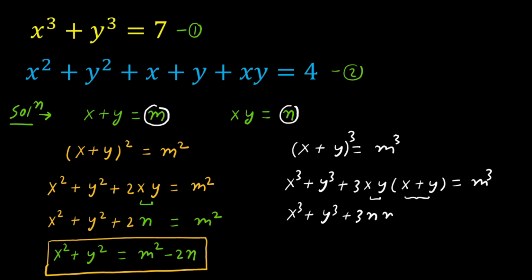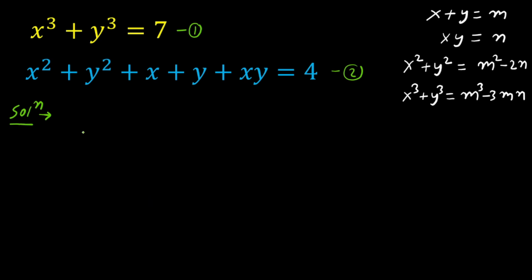Then x^3 + y^3 + 3mn = m^3. Now the value of x^3 + y^3 = m^3 - 3mn.